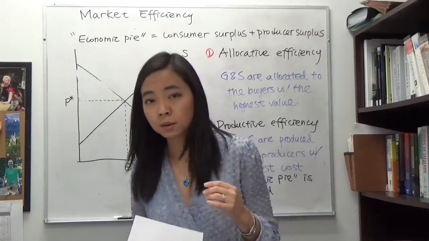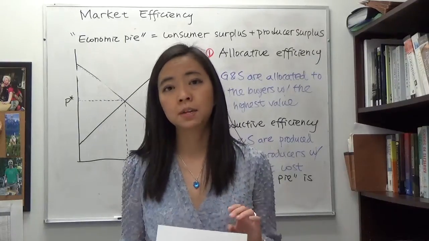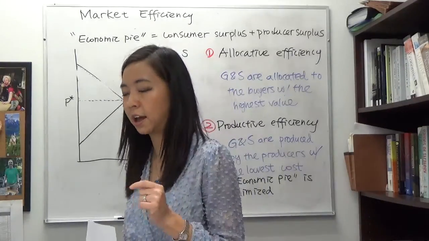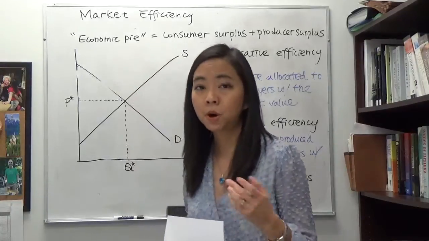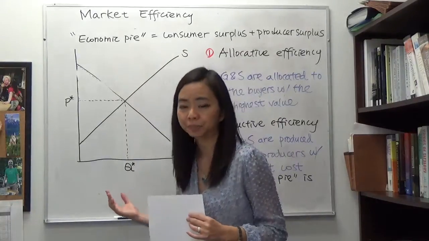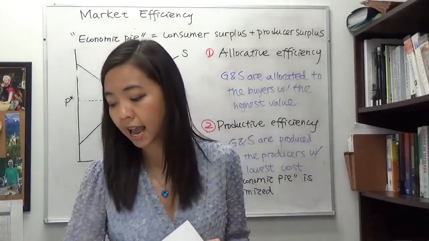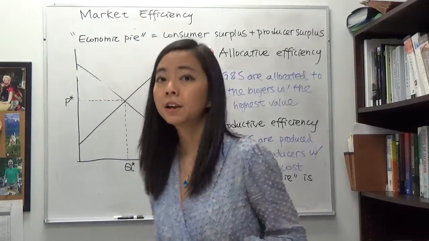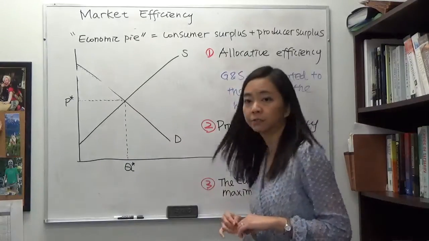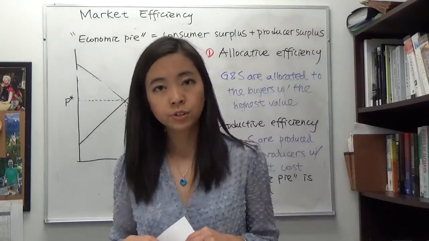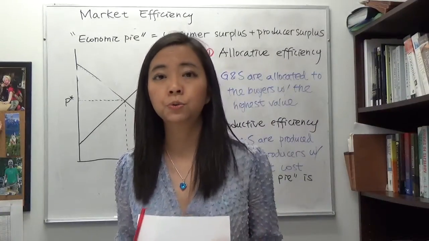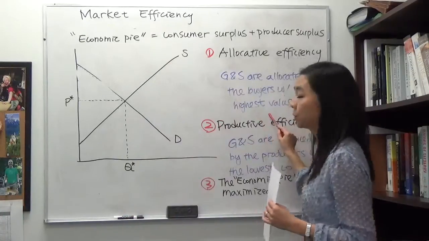So given the assumption of perfect competition, meaning we have many buyers and many sellers, the market outcome will be efficient. When the market outcome is efficient, it has to satisfy three criteria. First is allocative efficiency, meaning goods and services are allocated to the buyers with the highest value.